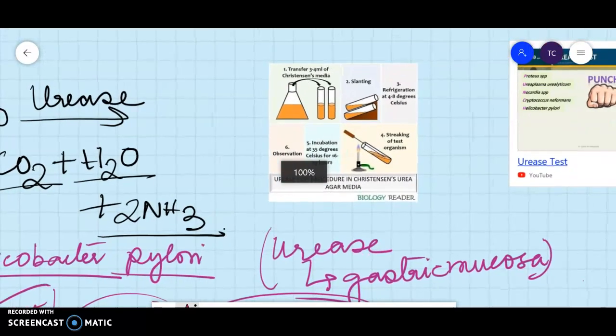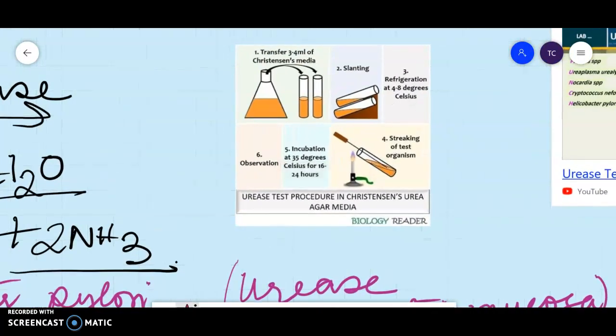If I enlarge it, you see these steps. First, transfer 3 to 4 ml of Christensen's medium from your stock medium into the culture tube, then put it into a slanting position to make an agar slant, and then refrigerate at 4 to 8 degrees centigrade so that it is solubilized to its maximum.